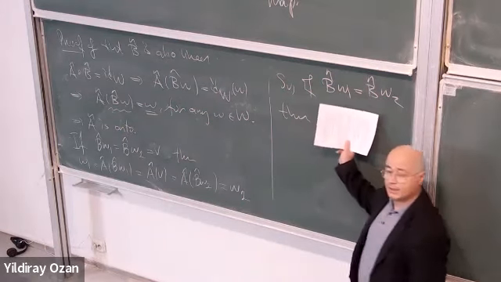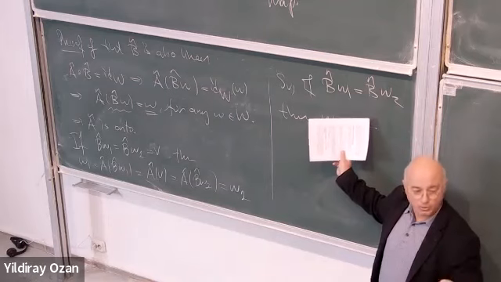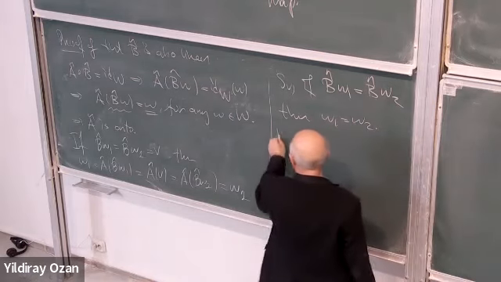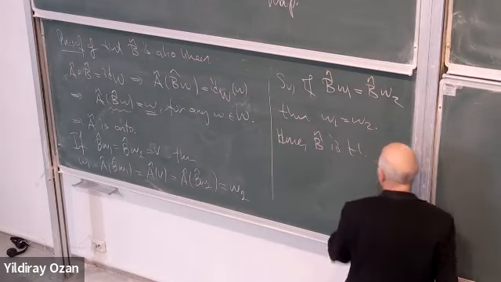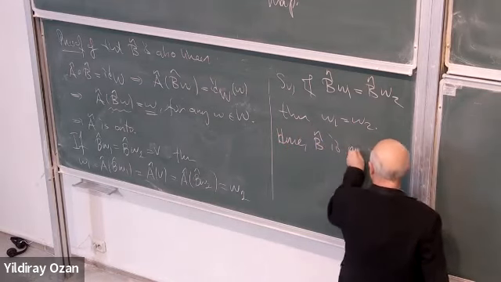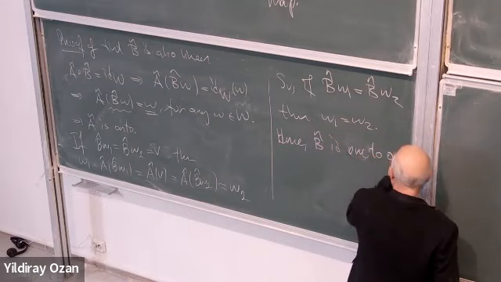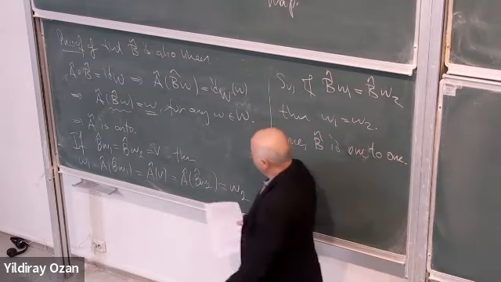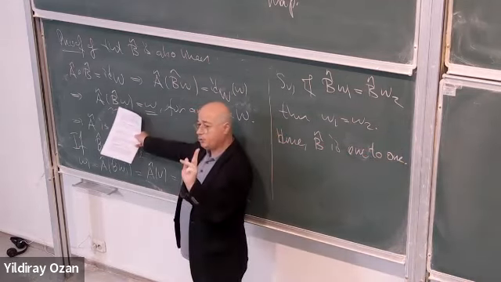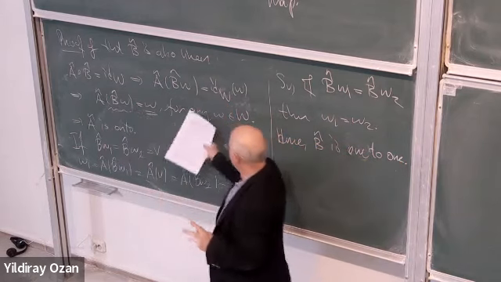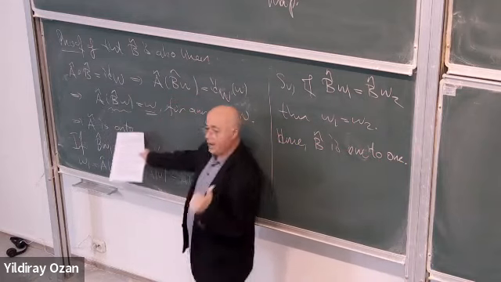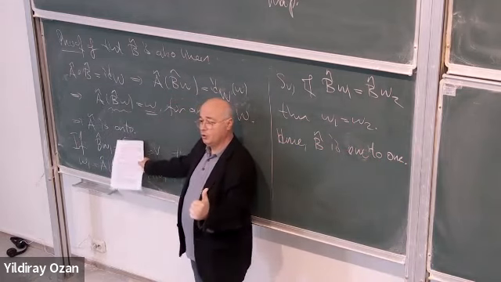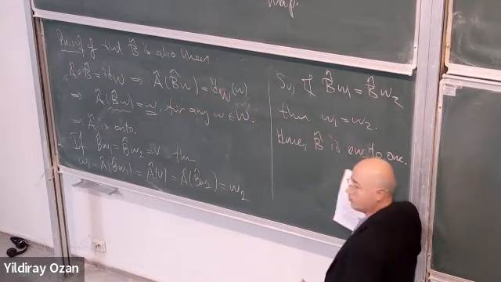This means that B hat is 1 to 1, right? Hence, B hat is 1 to 1. So this composition, identity, gave me two things: A hat is onto, B hat is 1 to 1.